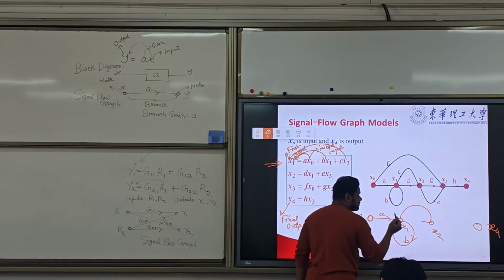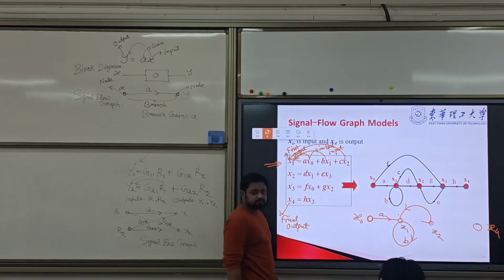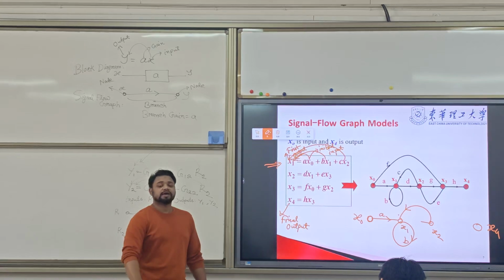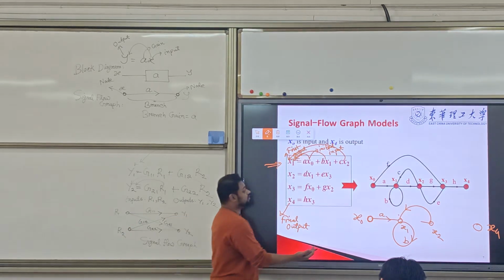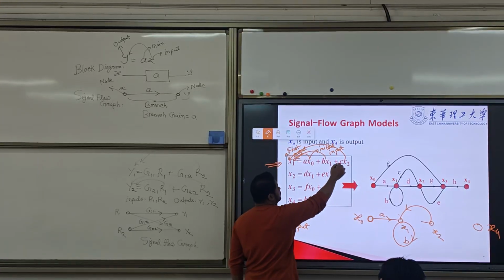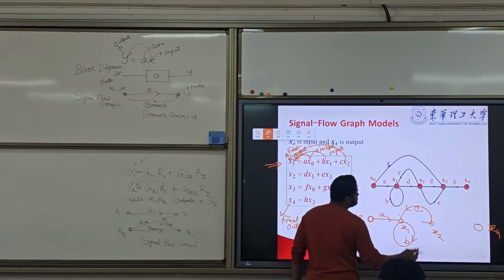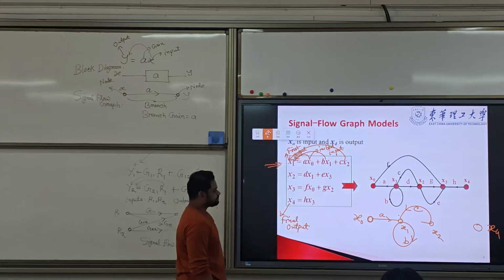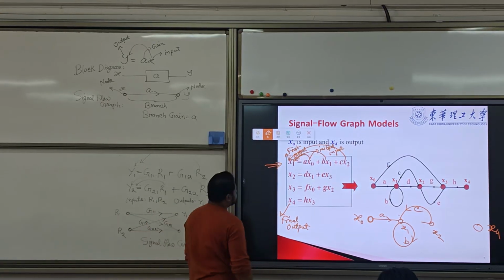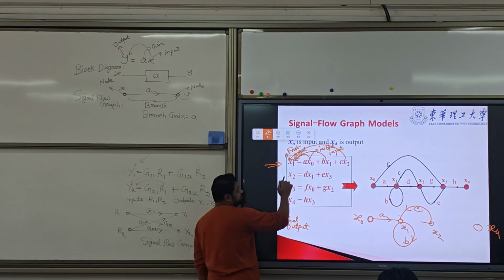It will be here, because it is the backward direction. x2 is flowing back to x1 with a gain of c. Because it is a forward one, and backward feedback. This is called feedback.